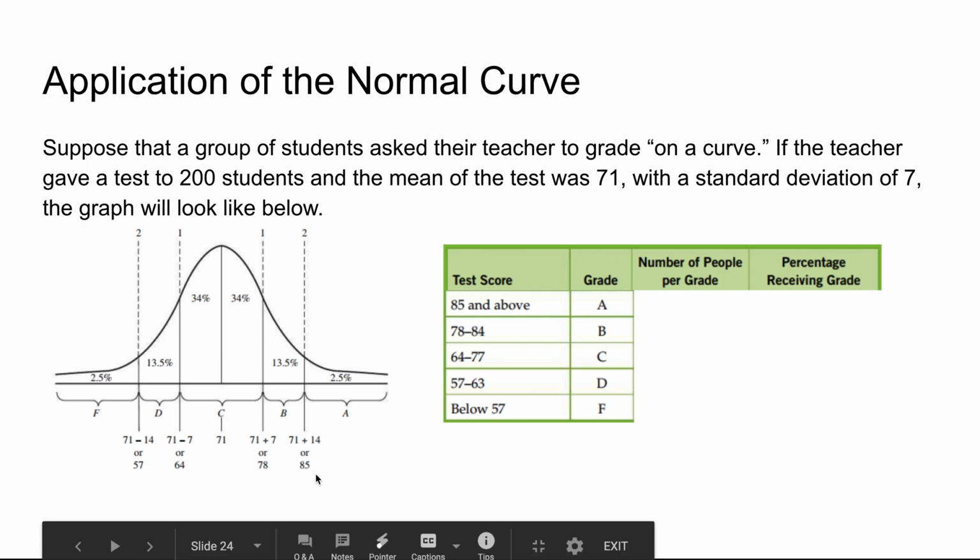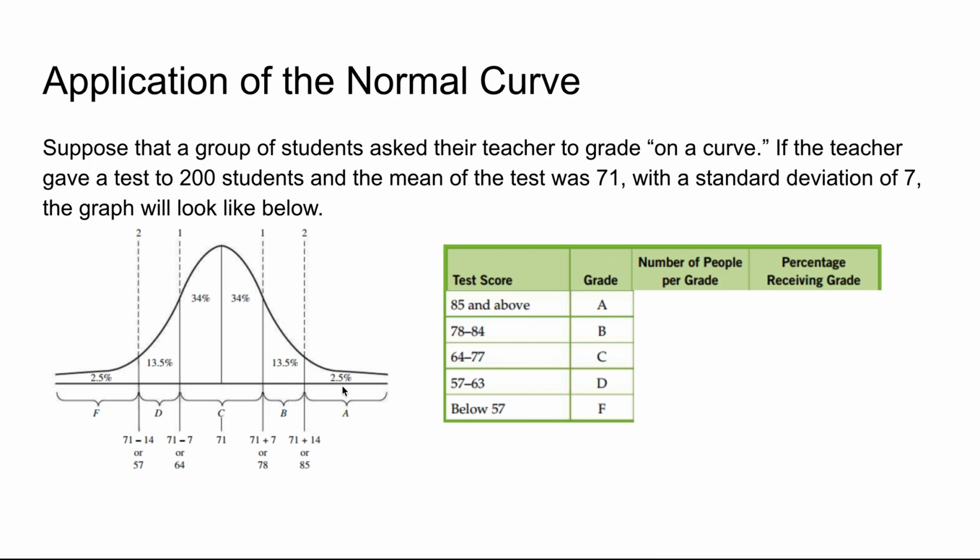So this is 85, right? It's 2.5% of the students. So out of 200 students, only 2.5% of students get grade A. So 200 times 2.5%, or 200 times 0.025, you get 5 people.